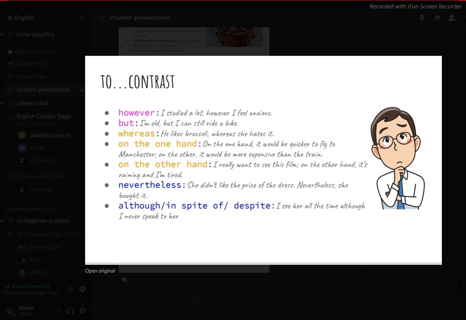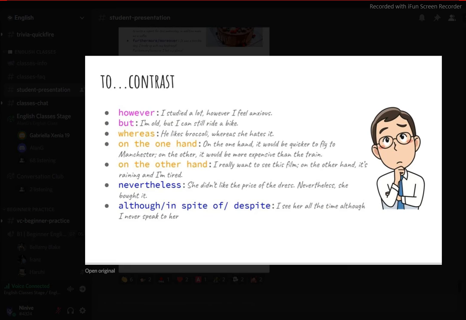Well, here we have those words that are used to make contrast. This is really important when we speak as well as when we write. Especially because we have to make our speech and our text more interesting, so we have to make contrast between our ideas.